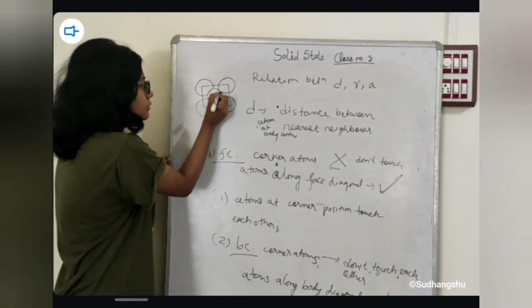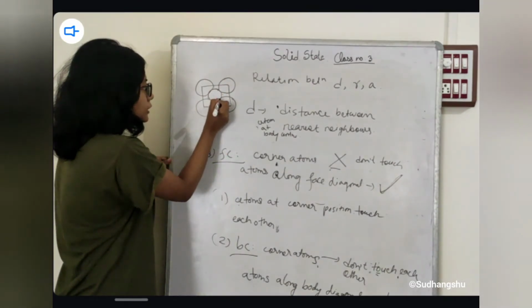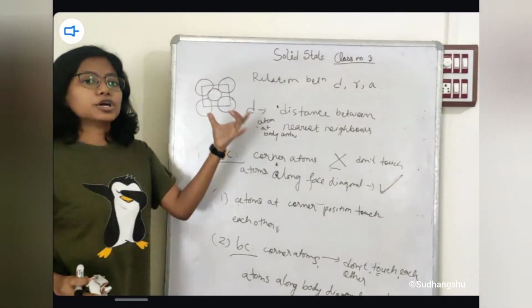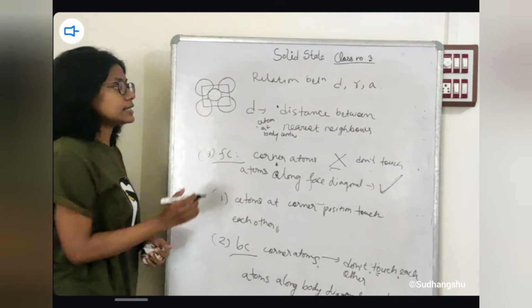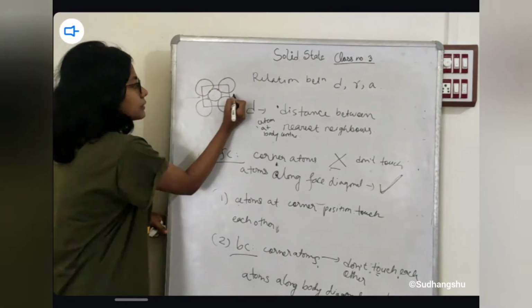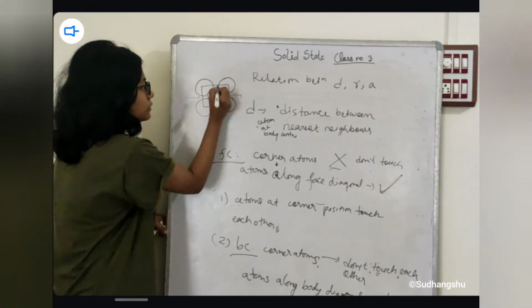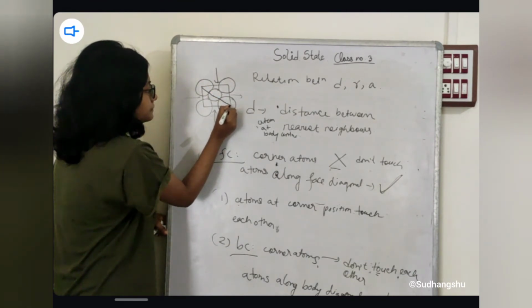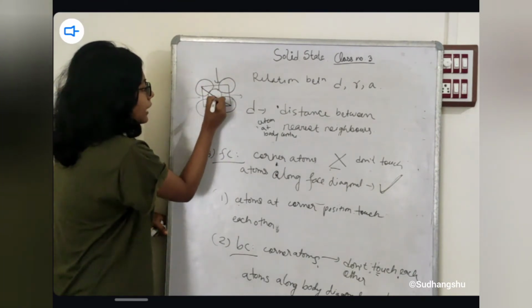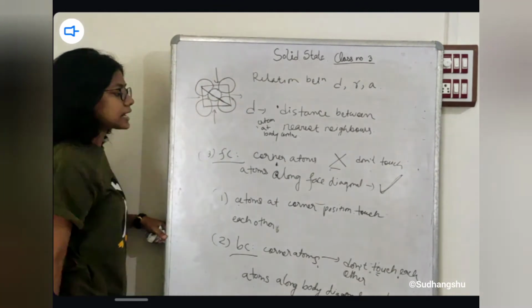This face-centered atom touches all four corner atoms. But these corner atoms will not touch each other. See, there are some empty spaces, so they do not touch each other, but the atoms along the diagonal touch each other.